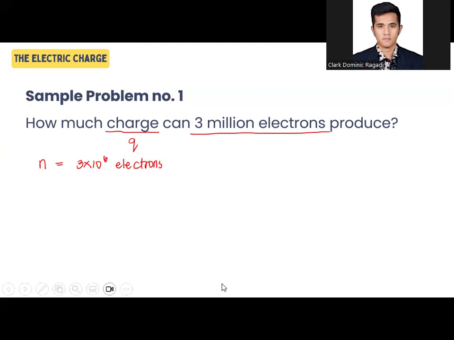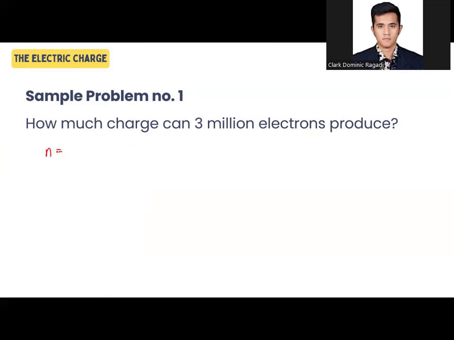Again, n is equal to 3 times 10 to the power of 6. Then we are looking for the charge. And then we know our elementary charge, that is 1.602 times 10 to the power of negative 19 coulomb.